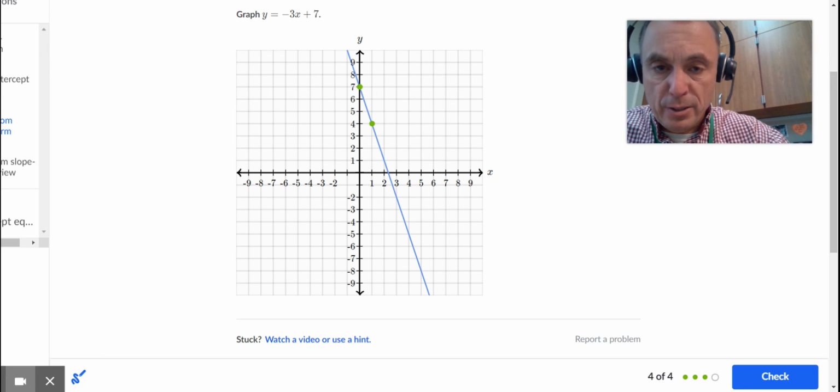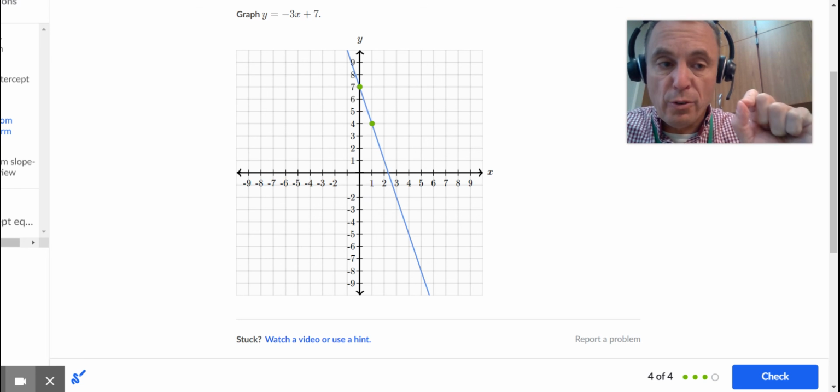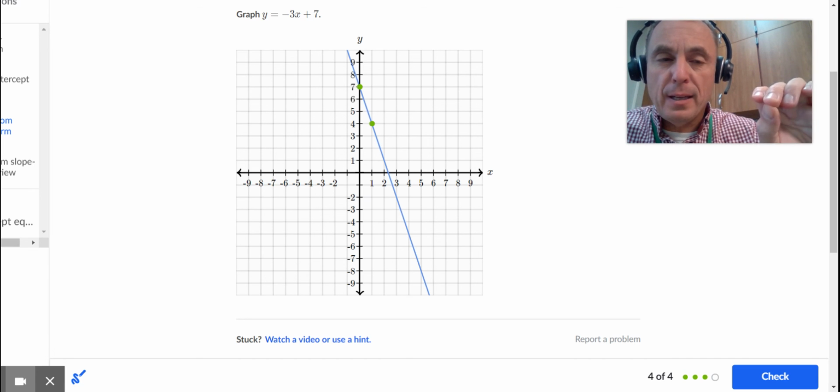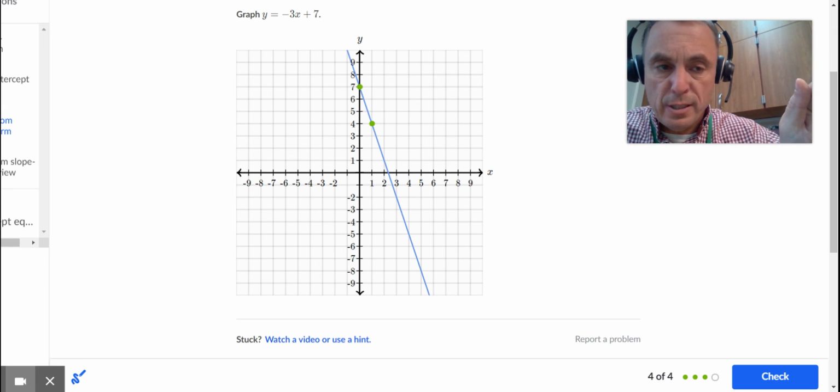Then from the y-intercept, we use the slope, the rise over the run, to get the second point. And what's important to keep in mind is that the graph represents all the solutions of the two variable equation. So when I graph this equation, I'm really solving this equation.